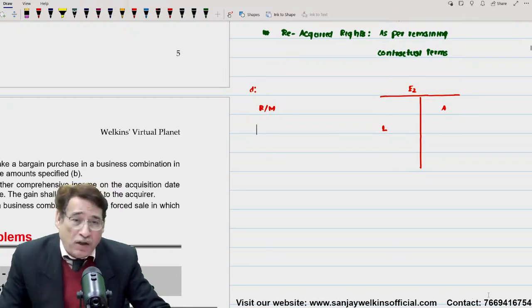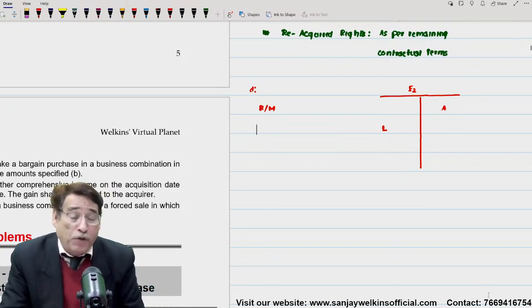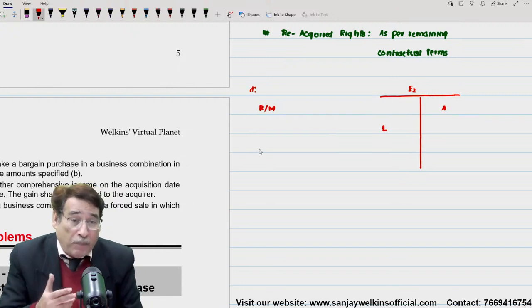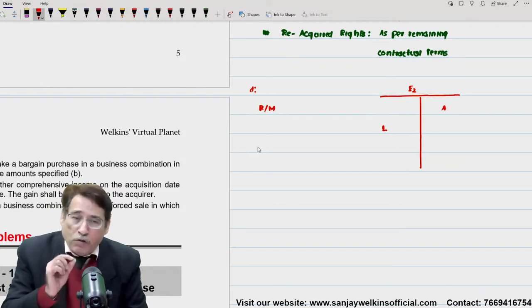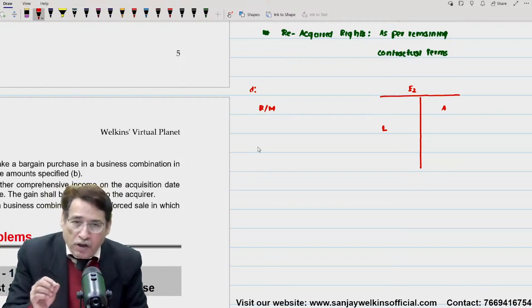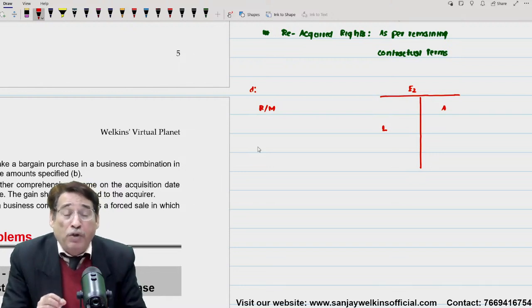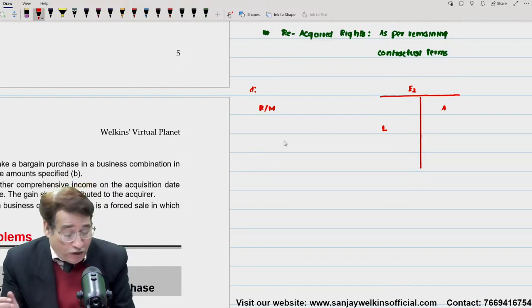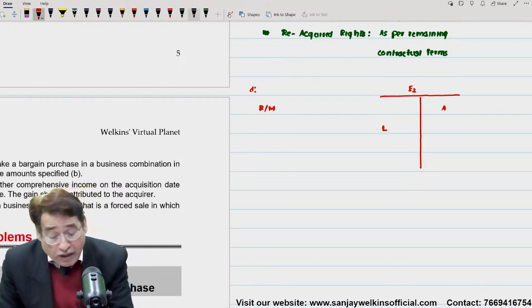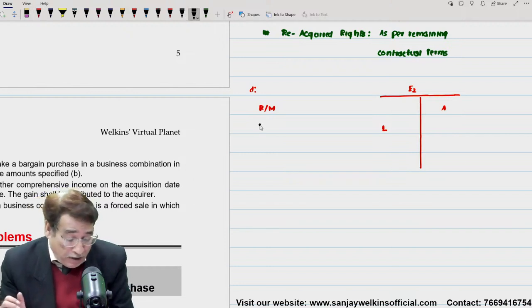While in this particular case, we are talking about exception to recognition and measurement principle. Because these items are not appearing over here, number one, we are recording them. That is why they become exception to recognition principle, and we are not going to record them at fair value. That is why they also become exception to the measurement principle. What are those items? For example, let me write the items also. For example, income taxes.